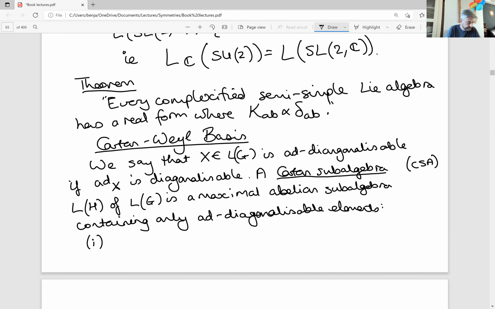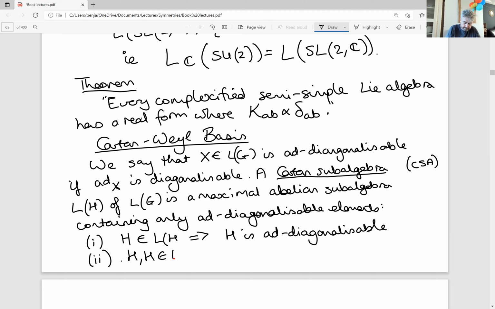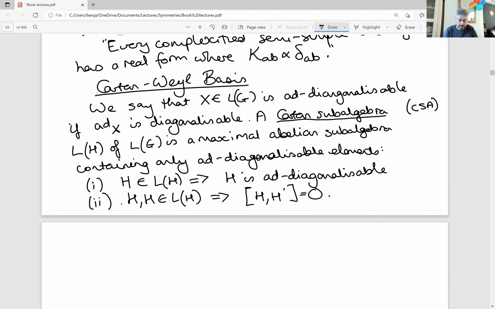So in particular, we have three properties. One, H in the Cartan subalgebra means that H is ad-diagonalizable. Two, if we have two different members of it, H and H prime, in this Cartan subalgebra, then their Lie bracket is 0. Of course, if we represent them by, well, we'll see, diagonal matrices, then obviously the Lie bracket of the representations is going to be 0.